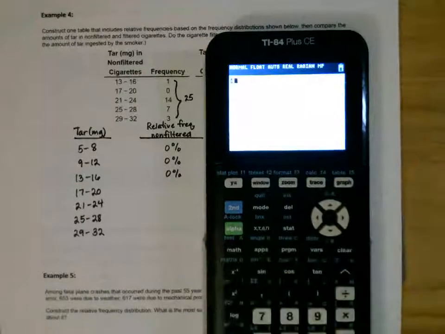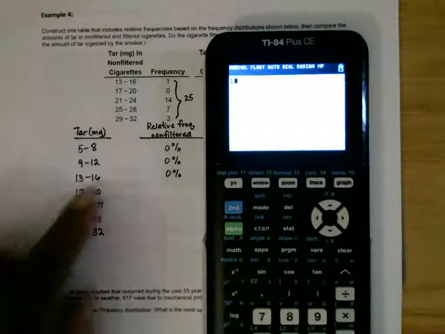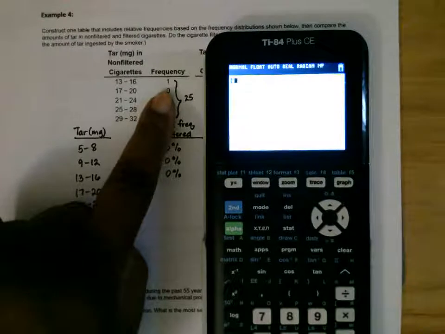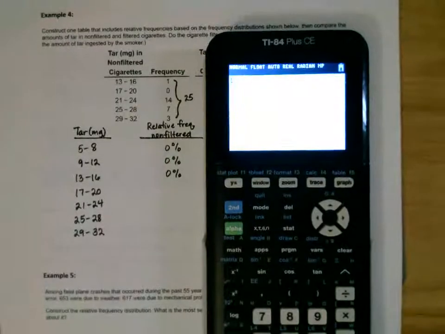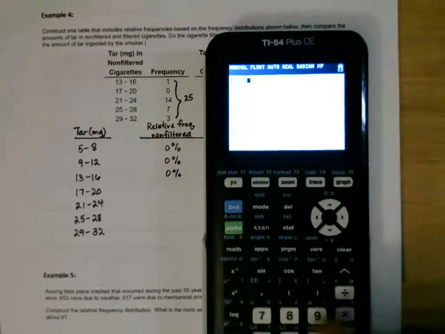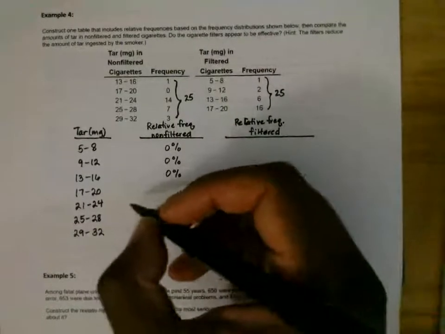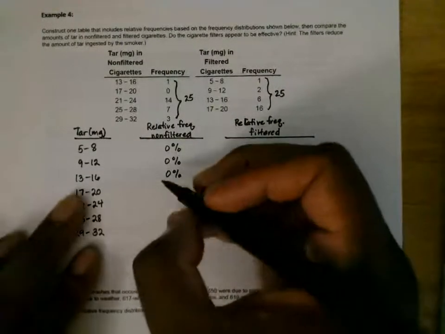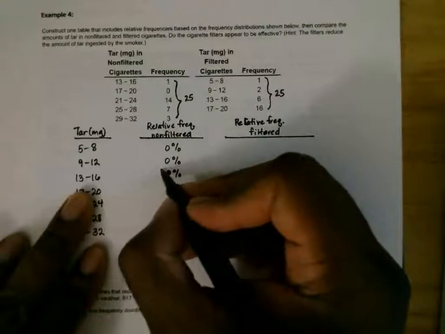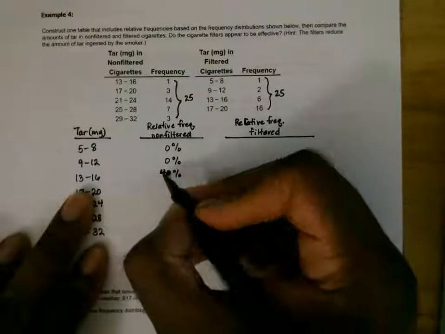multiplied by 100%. So for 13 to 16 in the non-filtered category, it's only a 1. So it'd be 1 divided by 25 times 100. That would give me 4, and that has to be 4%. So in the 13 to 16, that's 4%.